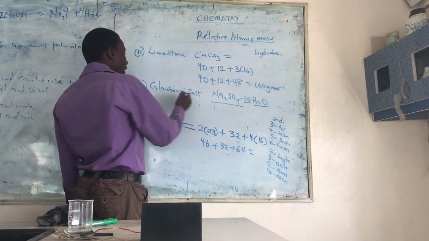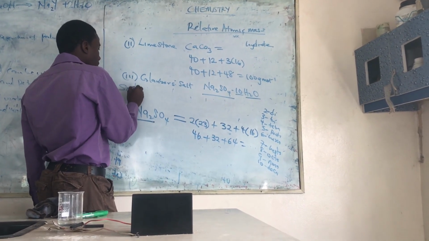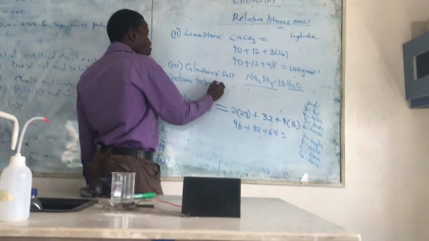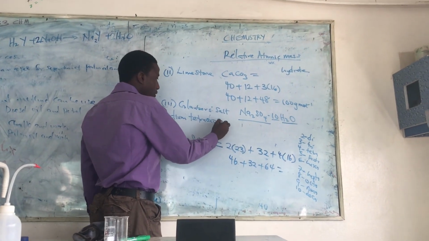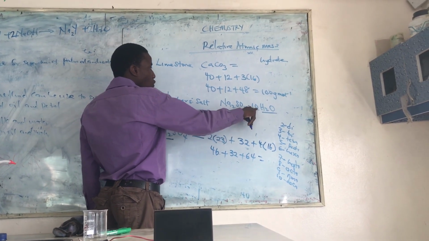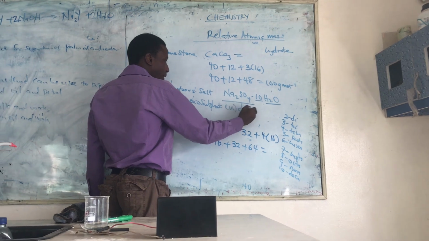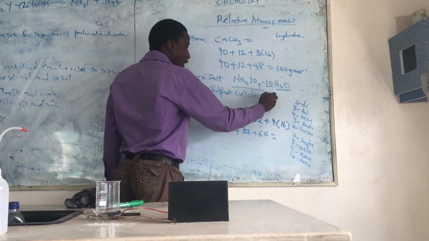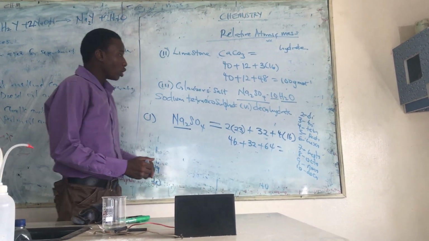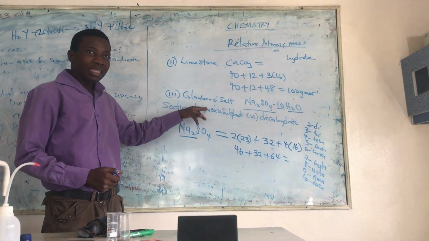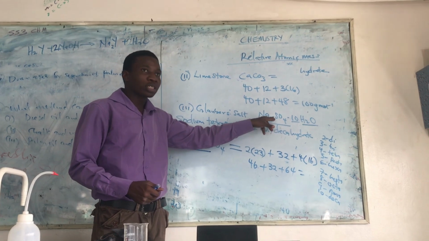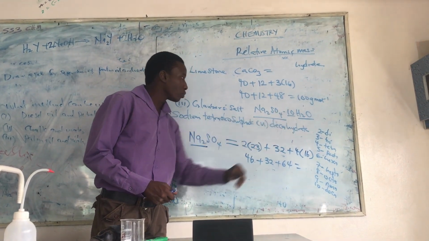If I have to name it, the name is sodium tetraoxosulfate(VI) decahydrate, the formula of Na2SO4.10H2O.